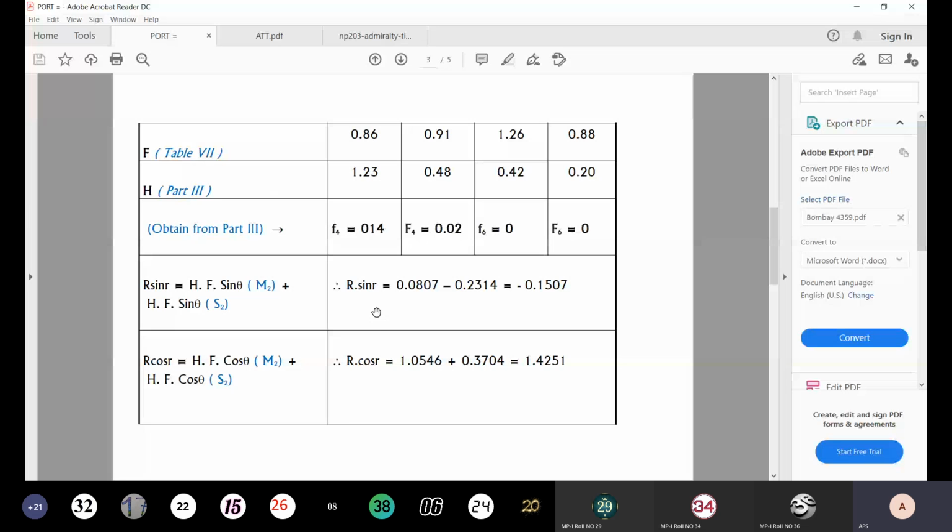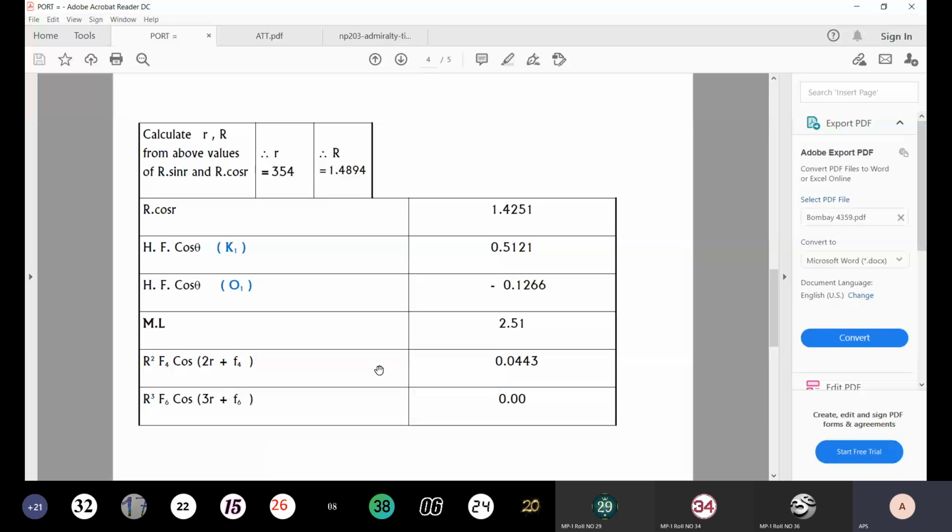So divide r sin r by r cos r, you'll get tan of small r equal to minus 0.1507 divided by 1.4251. So you take inverse tan and you'll get this value of small r. So see how much you are getting, small r.